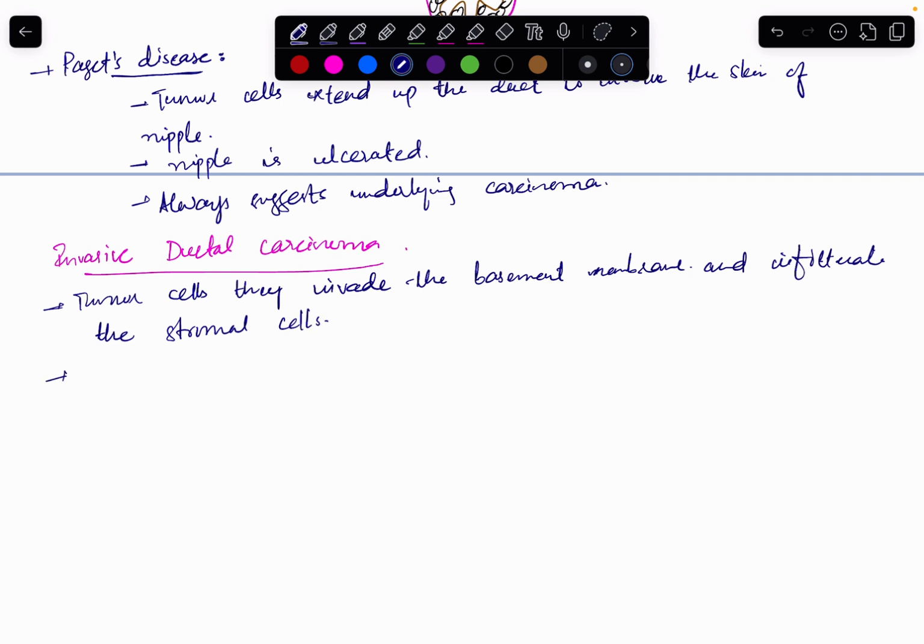As these tumor cells are coming out of the ducts, they are going to infiltrate the stromal cells. So they are going to make a mass.